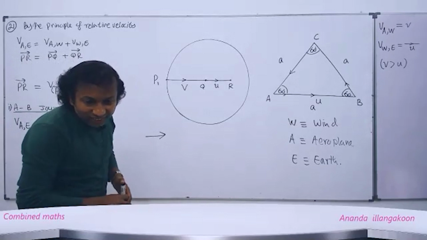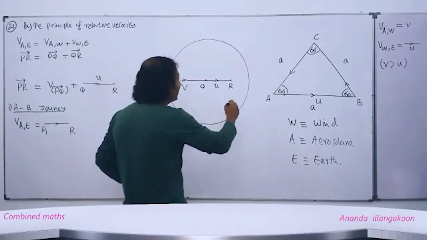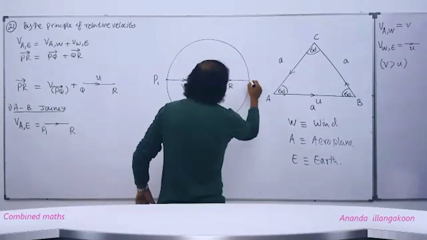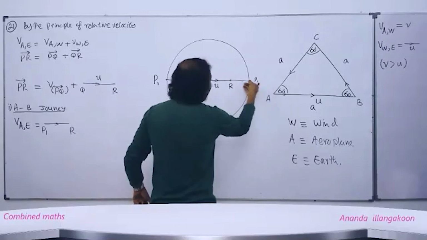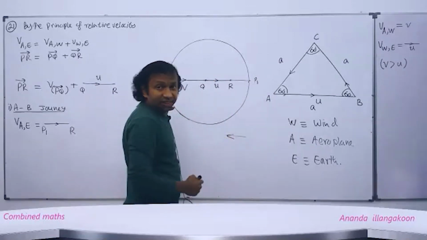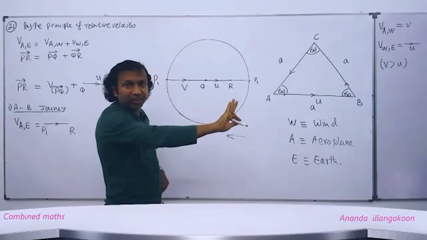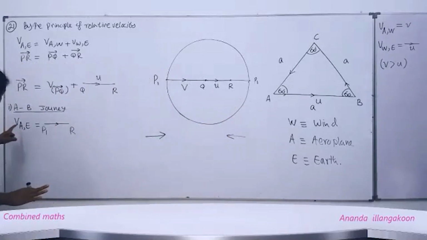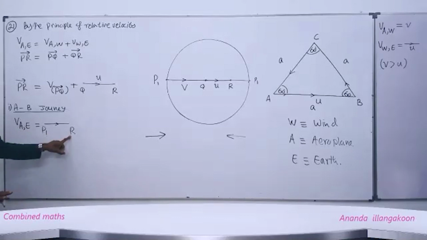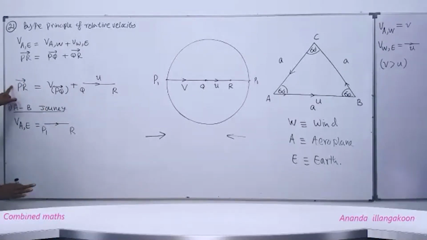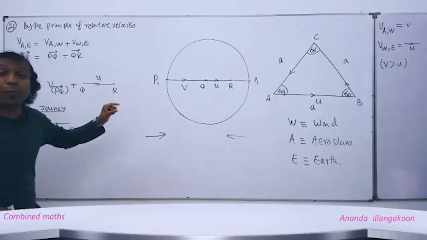Can't it cut the other end of the circle? Suppose this is our P1, then P1R is pointing leftward. Is the aeroplane going from B to A? No, A to B, right? Here, PR vector always represents what? The velocity of the aeroplane relative to Earth.